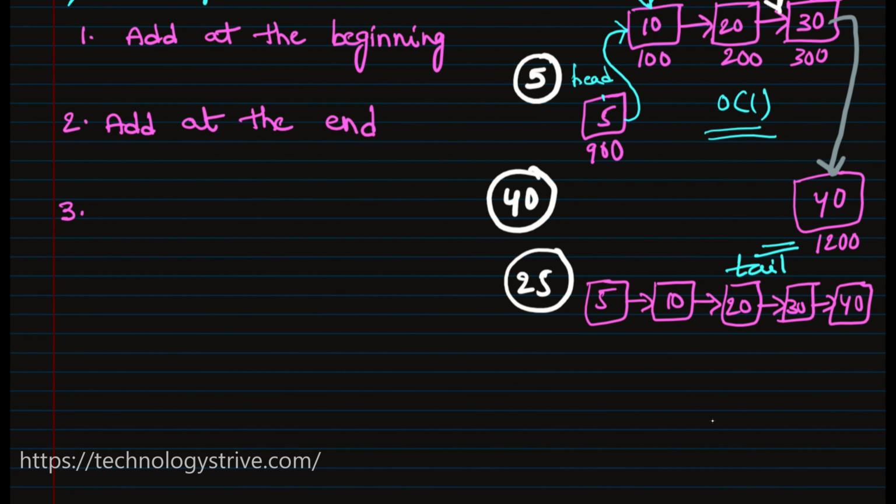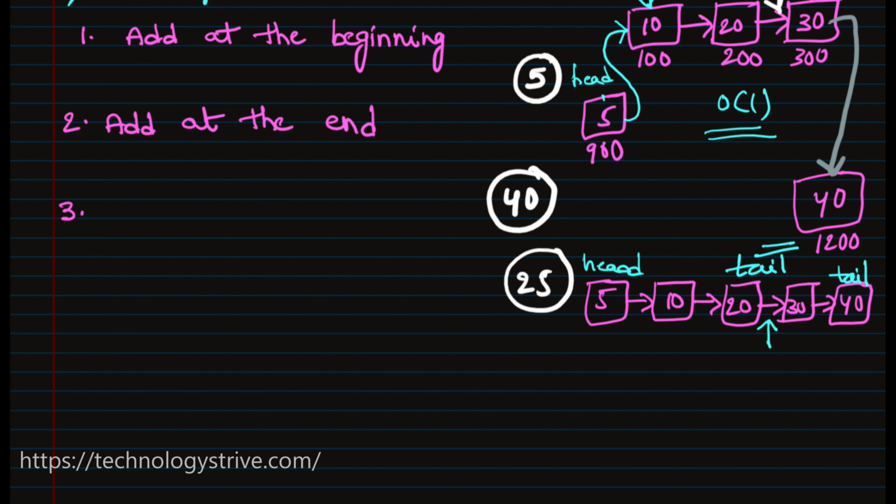The position should be here, and we have only two pointers, head and tail. Tail is here. To reach this position we have to traverse from the head node only, because we know the next node but not the previous node. From tail we can't start, because every node only knows its next node.